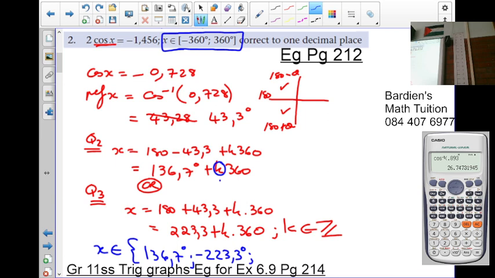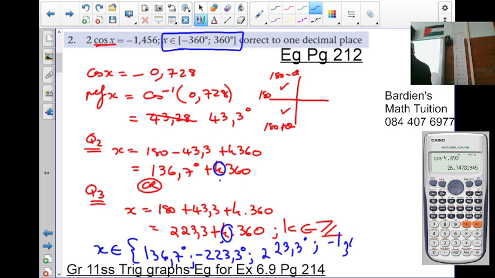Outside. Now you put 0 in here. You'll get 223.3 degrees. We're going to put 1 in, it will be definitely outside. Not so? Now you put minus 1 in. What do you get?